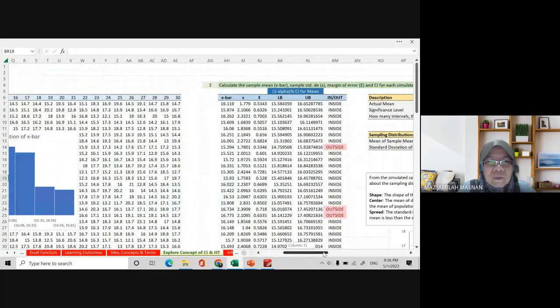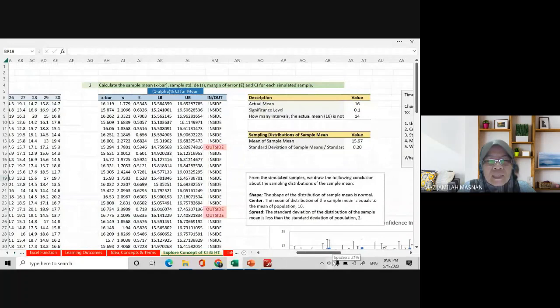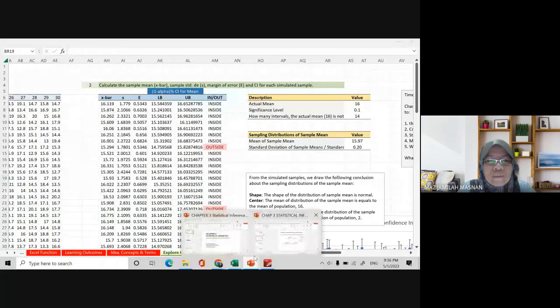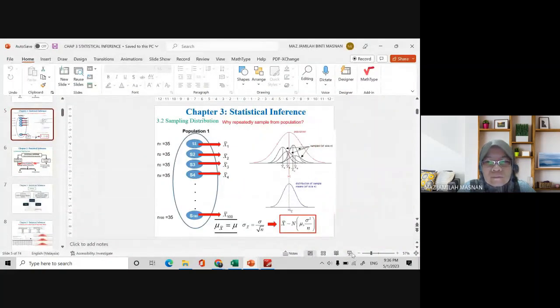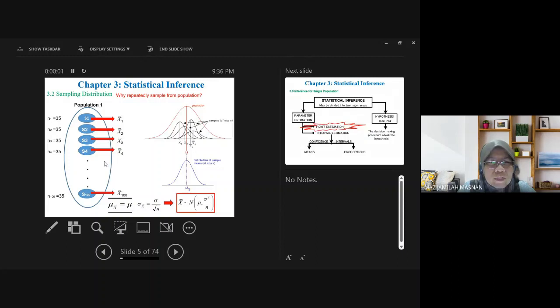But the idea was, remember last time when we said we do resampling. When we do resampling here, we have 1 population, and we want to resample again and again. In this case, I take 100 samples. I repeat 100 samples from 1 population. From sample 1 until sample 100, we can calculate our X bar 1, X bar 2 until X bar 100.